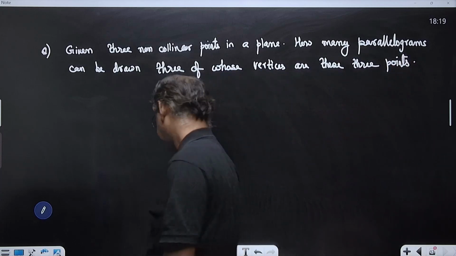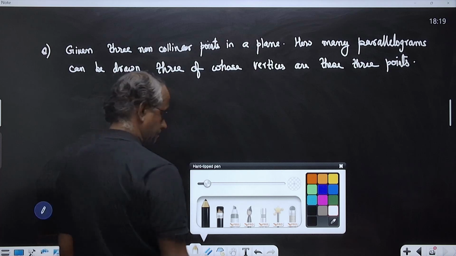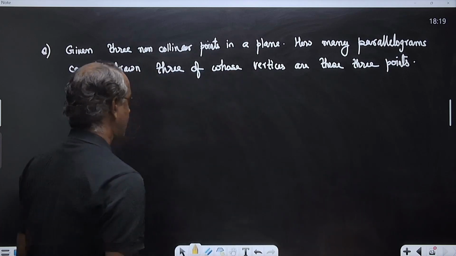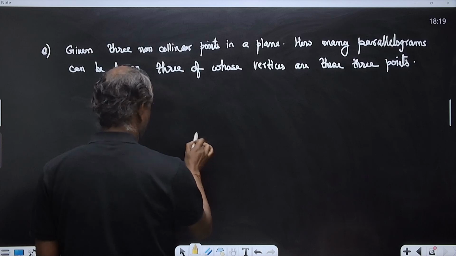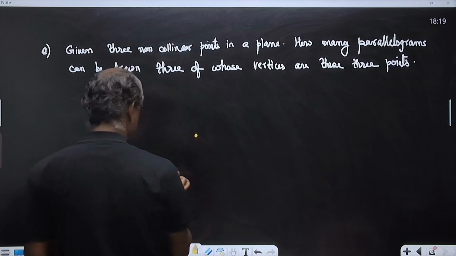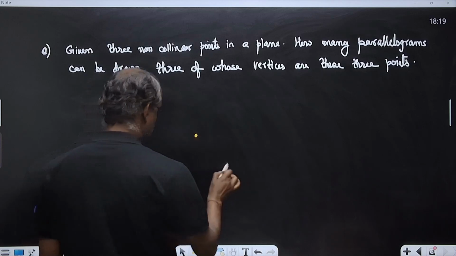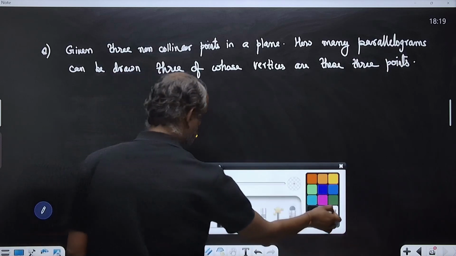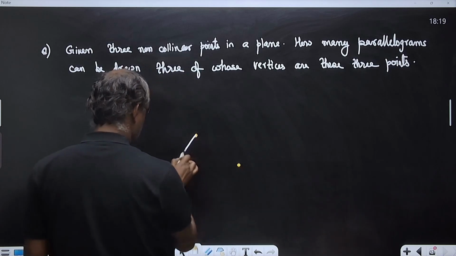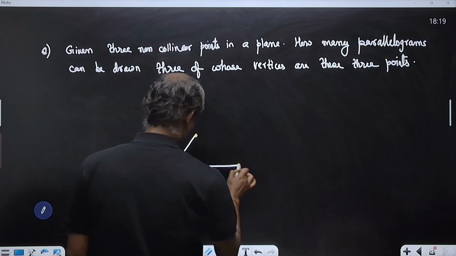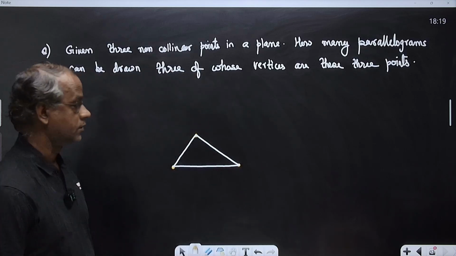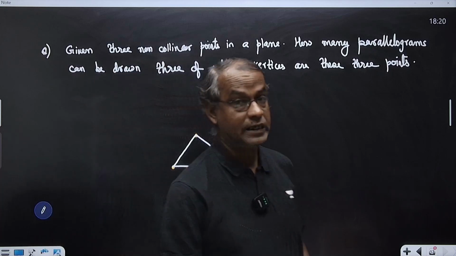So suppose you are given 3 points, and we have to draw parallelograms, 3 of whose vertices are these points.